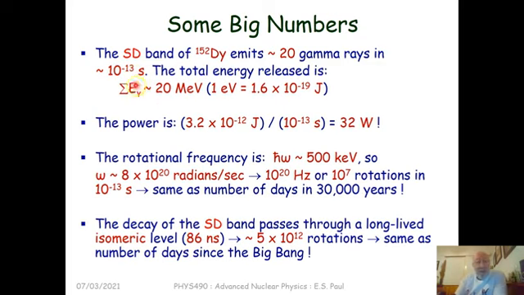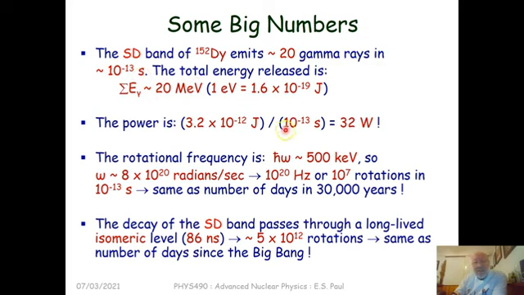And we can also add up all the gamma ray energies, and this is about 20 MeV. So essentially, in the decay through that structure, starting from spin 60 down to about spin 25, there's 20 MeV gamma ray energy released, and it occurs in this short time.